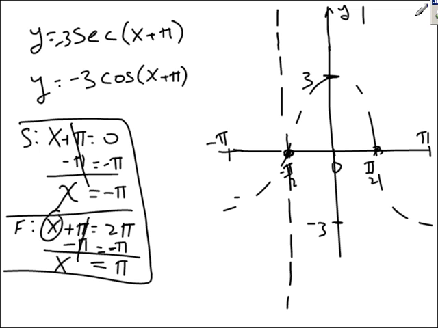Basically, each piece that I see, I just draw kind of upside down. It's not exactly upside down, because the cosine graph touched that vertical asymptote, but this one doesn't touch there.